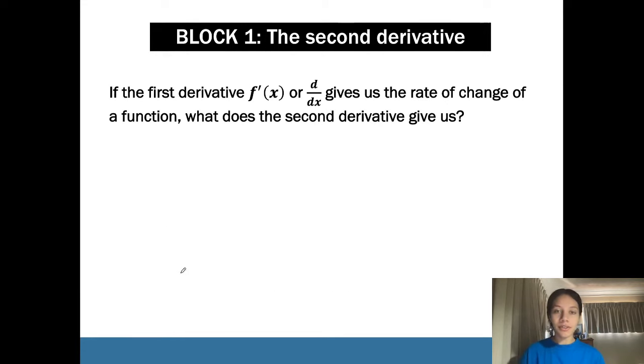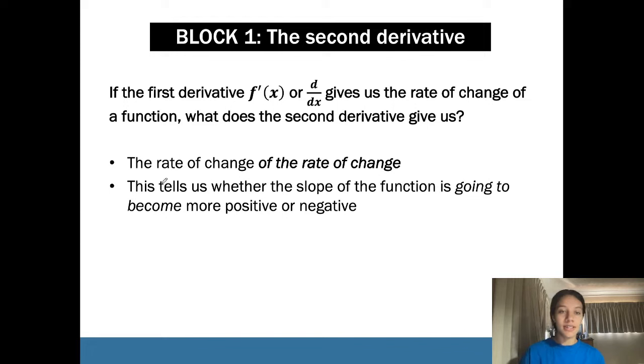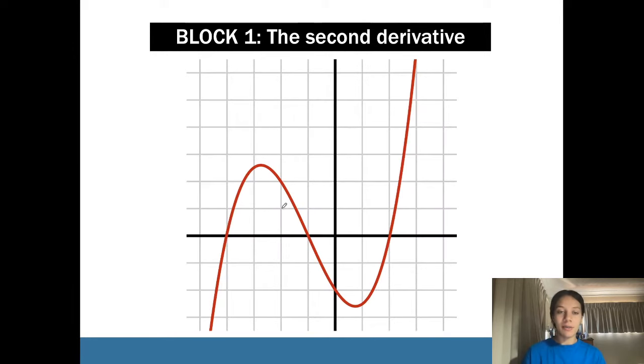If the first derivative gives us the rate of change of a function, the second derivative is the rate of change of the rate of change, and it tells us whether the slope of the function is going to become more positive or negative. So it's anticipating what the future change in the curve is going to be, which is a pretty cool concept.